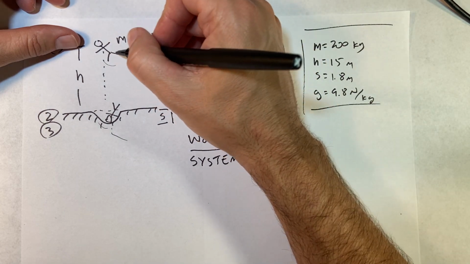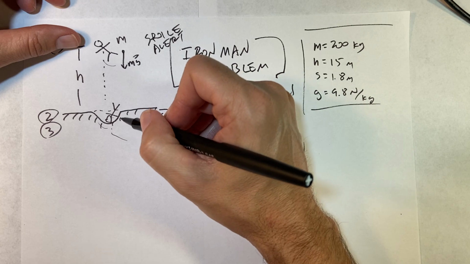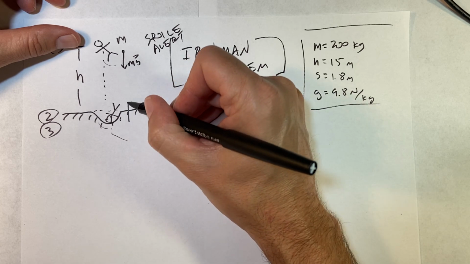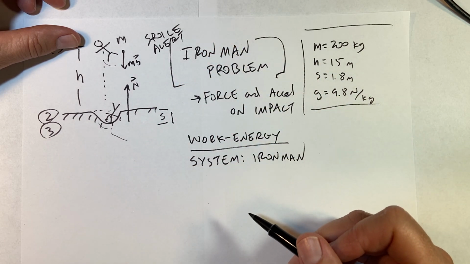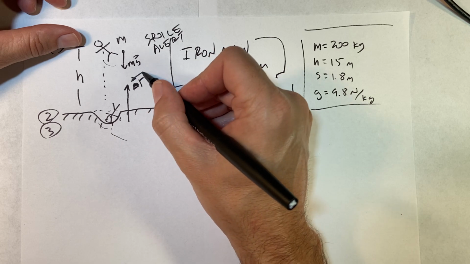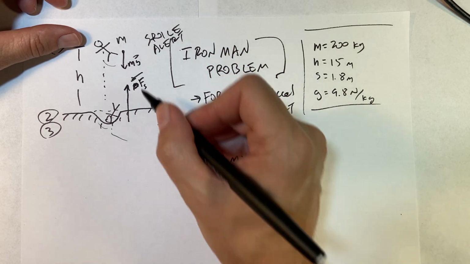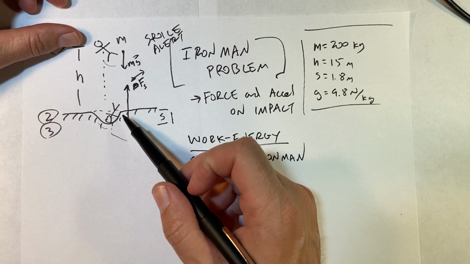While he's falling, there's a gravitational force pulling down. But while he's impacting with the sand, there's a normal force, but I'm going to call it F sand. I like that better. So I'd have two forces doing work on him.